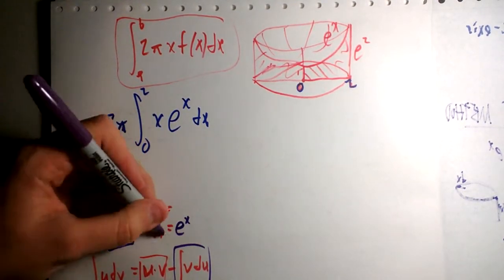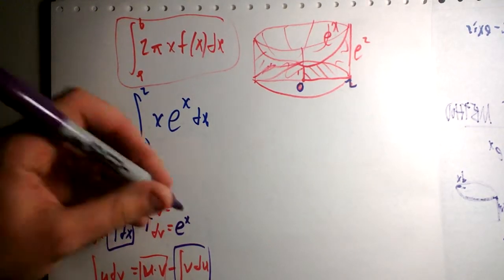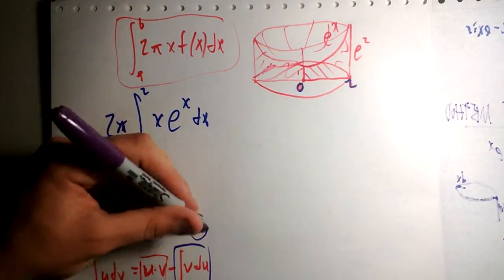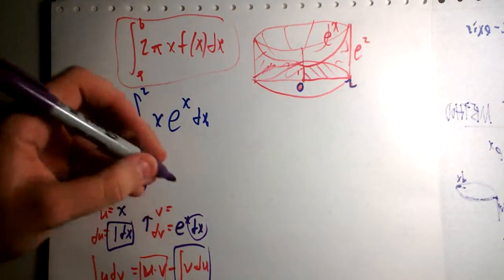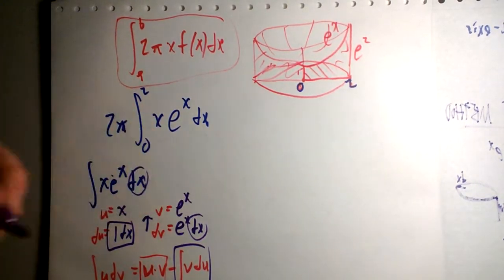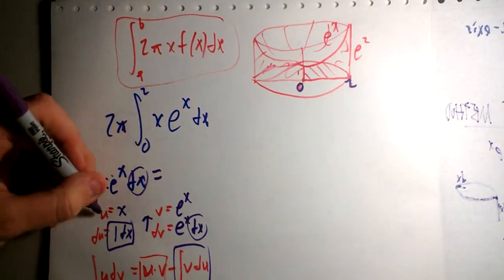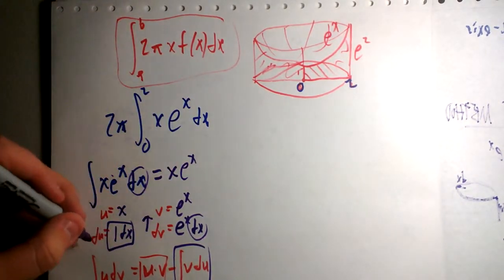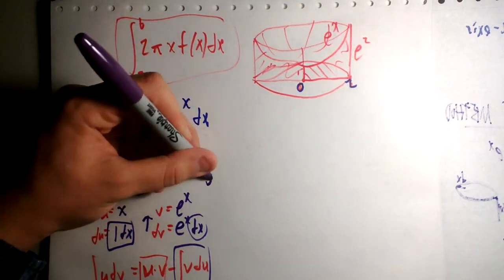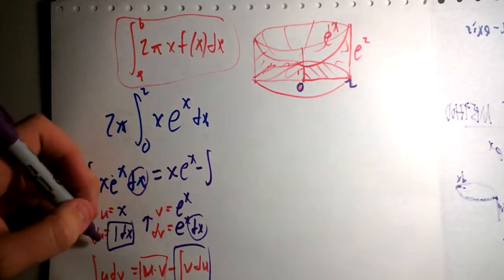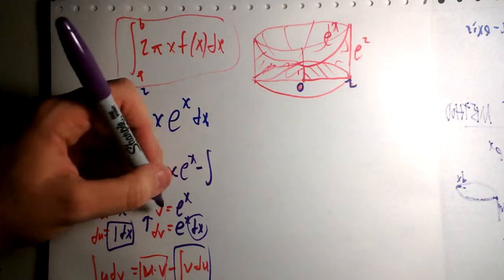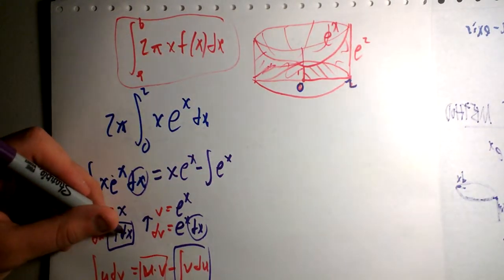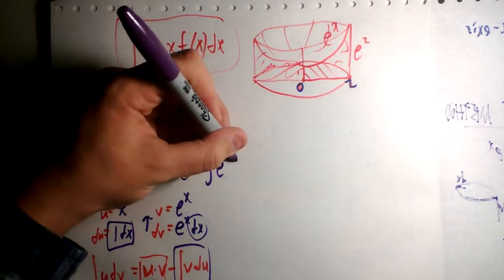And this is nice because the integral, since we have to go backwards, is just e to the x. So that's nice. Let's plug in. So u times v is x e to the x. Then we subtract the integral of v, that is e to the x, and then du, which is just dx by itself.